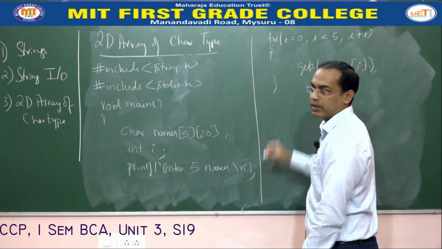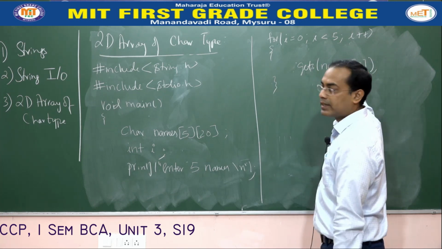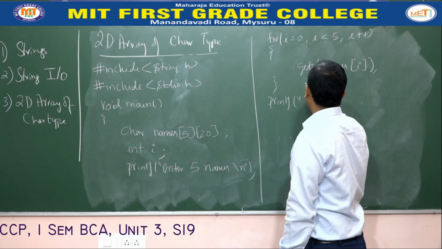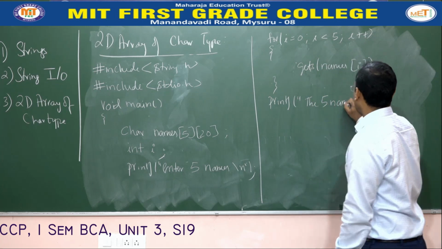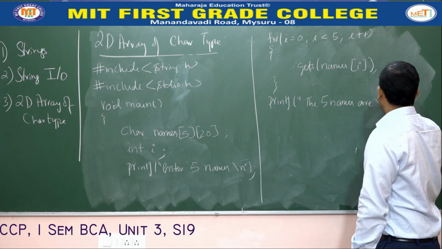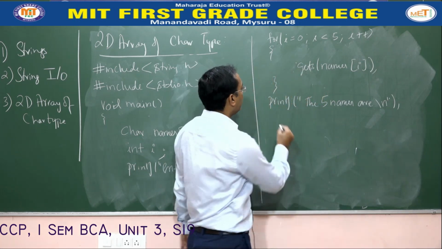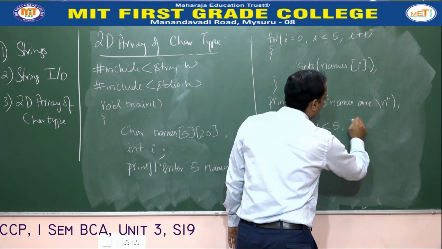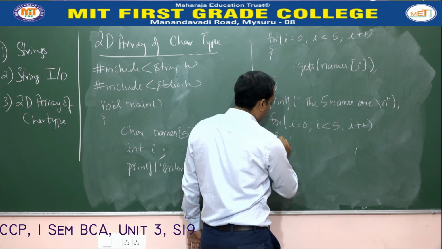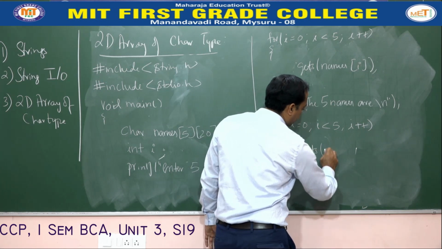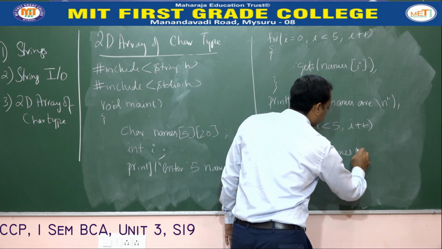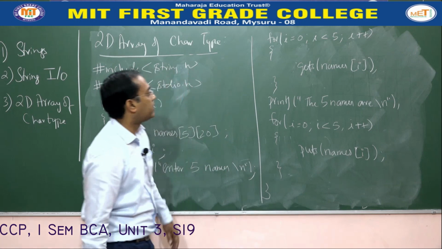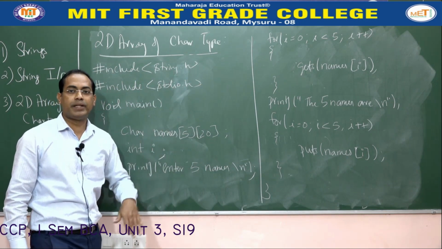So it will accept the first name, second name, third name, likewise 5 names. Printf the 5 names are, backslash n. The same for loop you have to repeat. For i equal to 0, i less than 5, i plus plus, puts names of i. So this completes the simple program to accept 5 names and display the same.